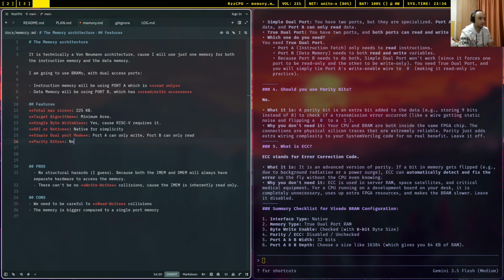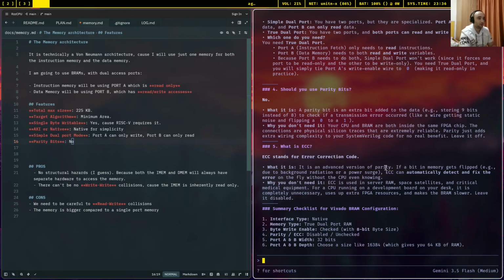No. ECC, error correction code, is an advanced version of parity. If a bit in memory gets flipped due to background radiation or a power surge, ECC can automatically detect and fix the error. It's used in server RAM, space satellites, and critical medical equipment.